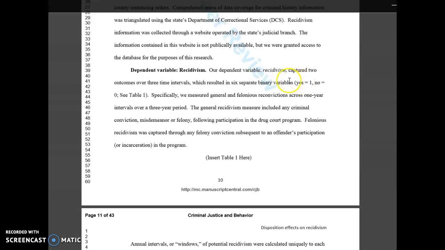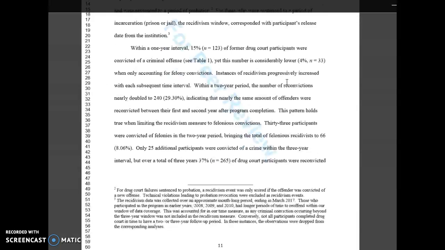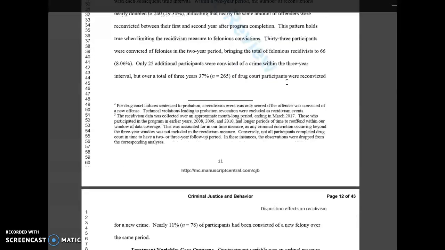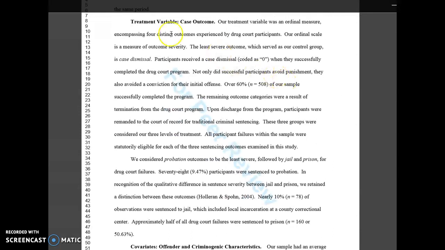So that is our dependent variable or dependent variables and the operationalization of that and some of the descriptive statistics. Then we come down here to our treatment variable, which is also an independent variable.